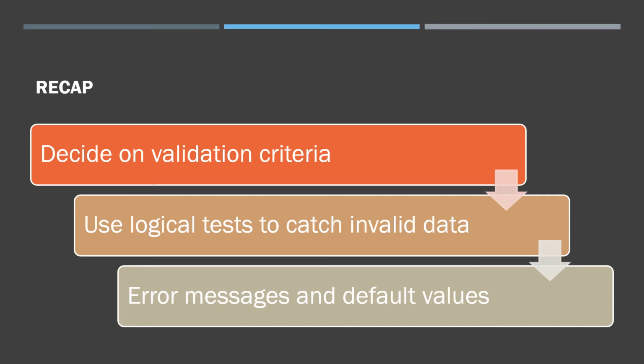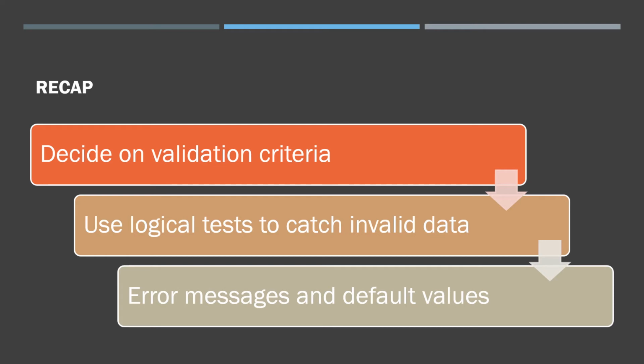So let's just recap what we've seen so far about validation. We must decide on the validation criteria. So for months, it's got to be a number from 1 to 12. Or if it was an email address, we might say, oh, well, they have to fill in the email address before they can carry on.